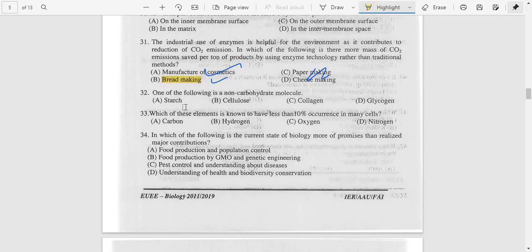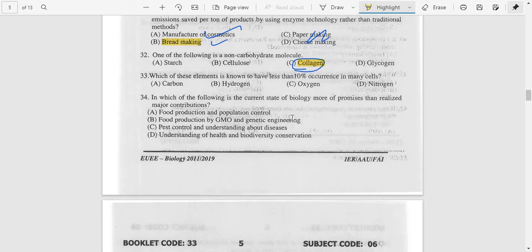Okay, which one of the following is a non-carbohydrate molecule? Collagen, protein, no, structural protein. So our answer is this; the rest are carbohydrates. Which of the following elements is known to have less than 10% occurrence in our cell?